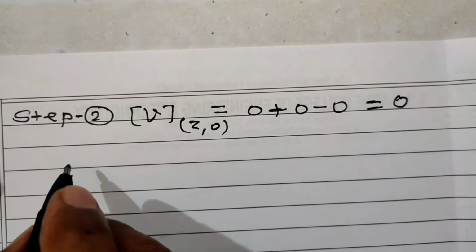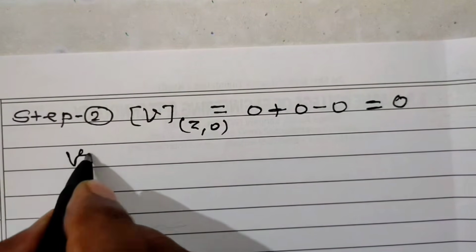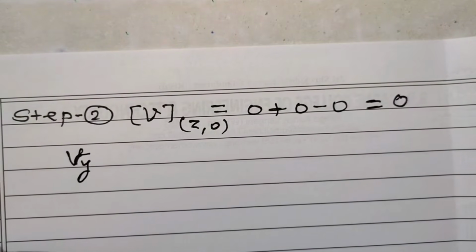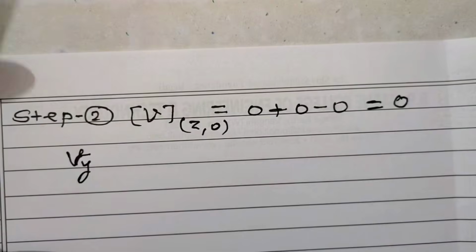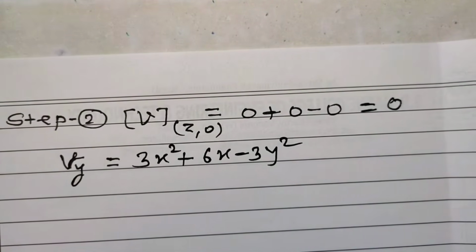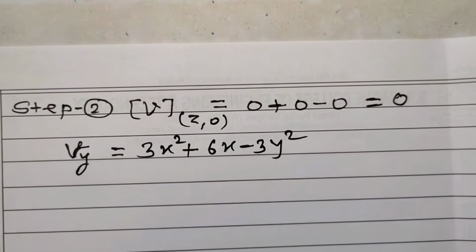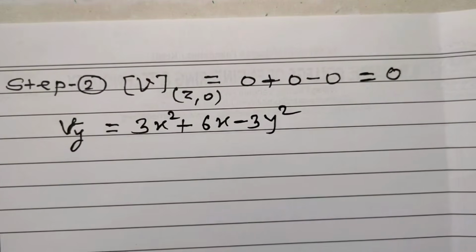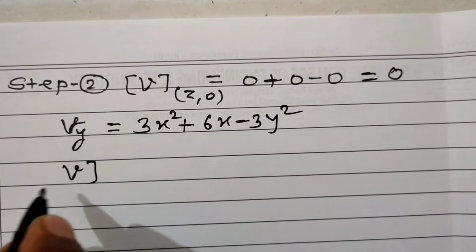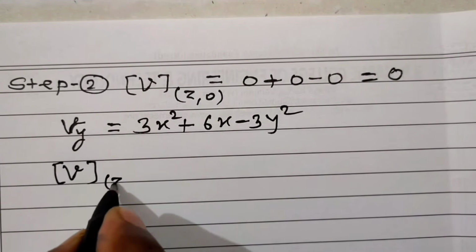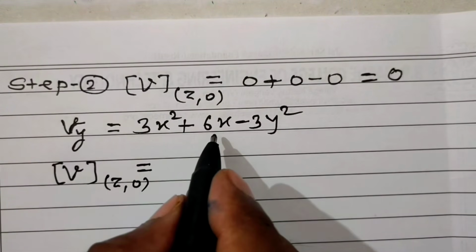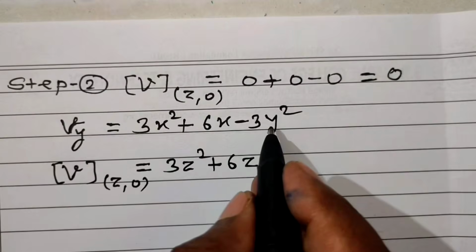Let us find vy, the partial derivative of v, which is already obtained in step number 1 and is equal to 3x square plus 6x minus 3y square. Now we have to find the partial derivative of v with respect to y at x is equal to z and y is equal to 0. Vy replacing x by z and y by 0 is equal to 3z square plus 6z, and this becomes 0.